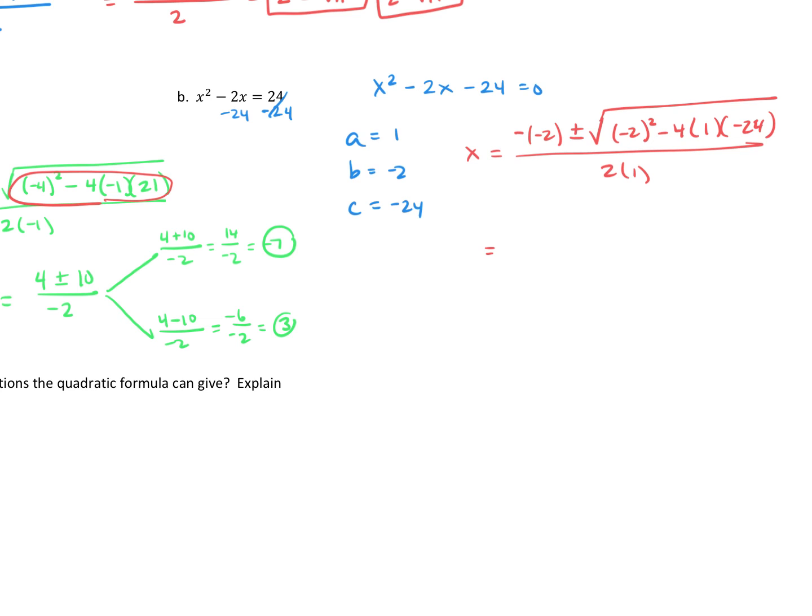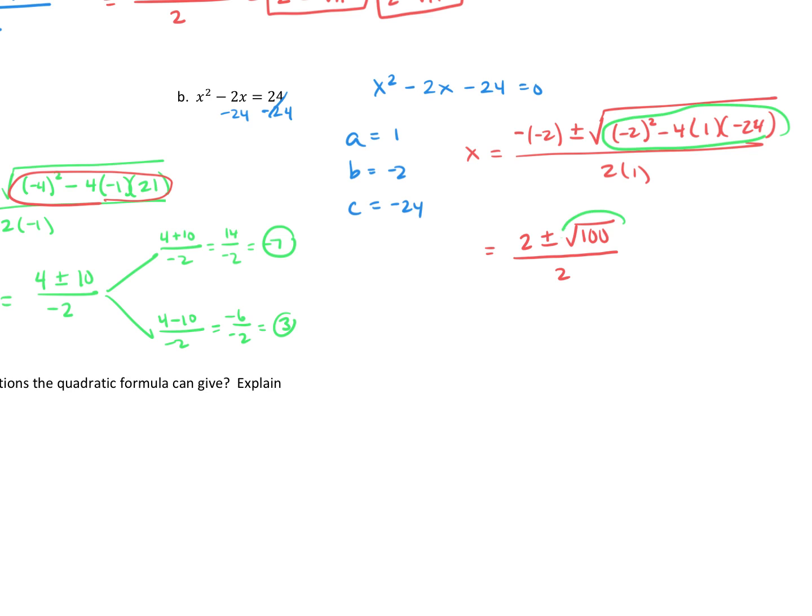Okay, so first we have this negative negative 2 that's going to turn positive, plus or minus the square root of something. So we grab our calculator, we type that in with the parentheses, and we actually get 100 again. So that's fun. I would have thought that would have been different for a variety, but that's okay. All over 2 times 1.